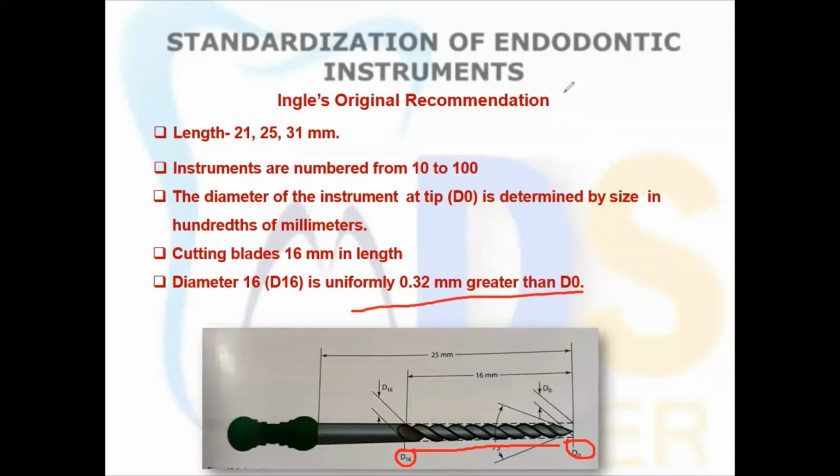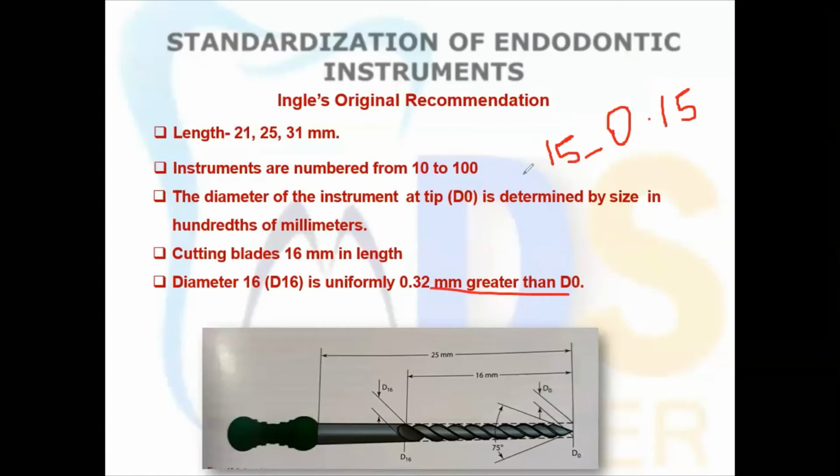Again, just to simplify it, one more example. If we take a file number of 15, it has got the D0 of 0.15 mm. So if we want to calculate the diameter at the D16, usually D16 should be 0.32 mm greater than that of D0.